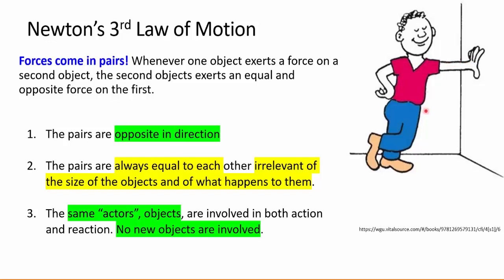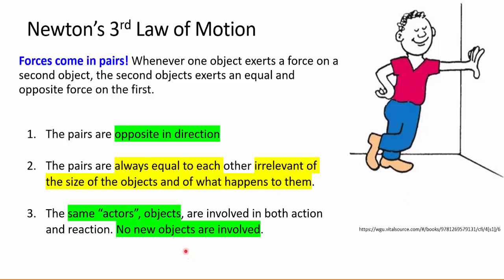Okay, let's take another example. As this person is standing, the earth is exerting a gravitational force on this person. The gravitational force is going to pull down on the person. So the action is the earth pulling down on the person. The reaction should be up.